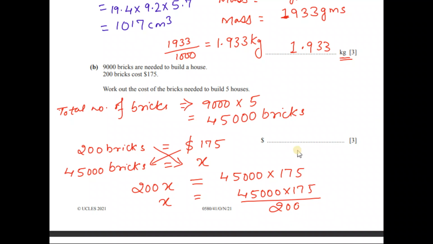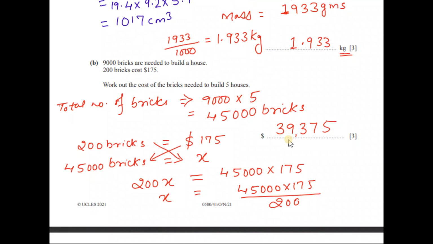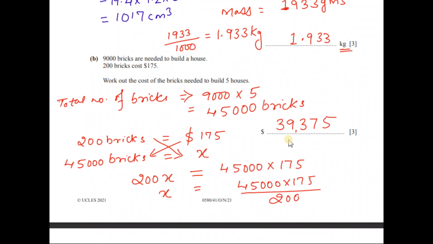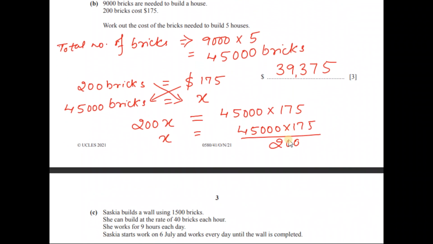Okay, and we can simplify it, and we'll get our answer as $39,375. So that's our answer for the amount we will need for building up 5 houses.